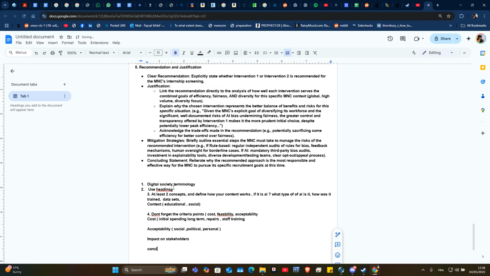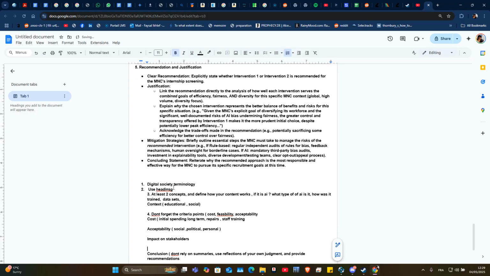Stakeholders. And in conclusion, don't rely on summaries. Use reflections of your own judgments and provide recommendations.